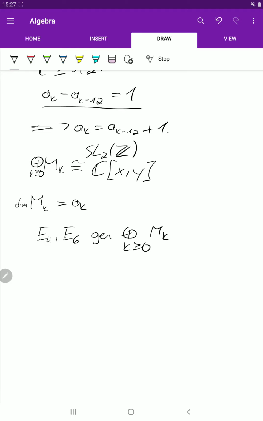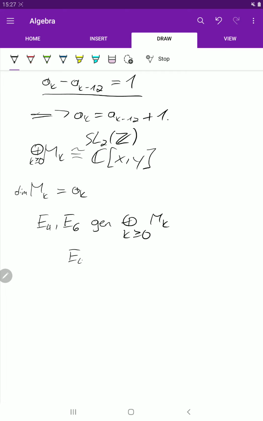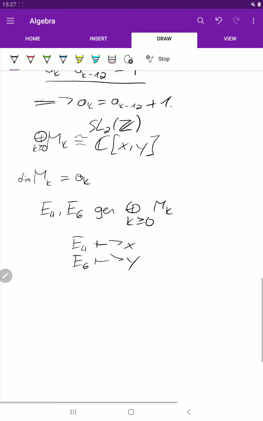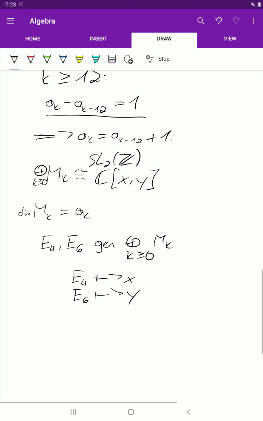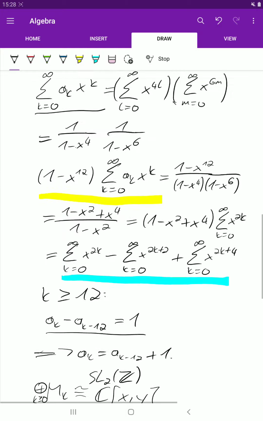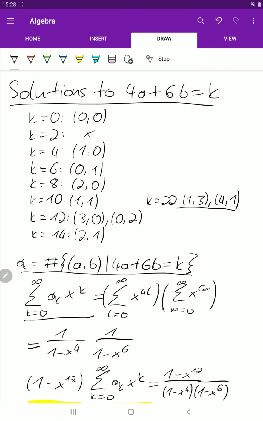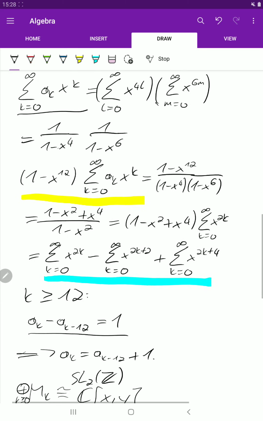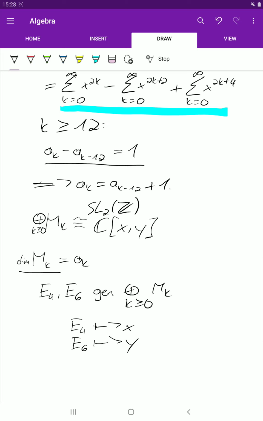Then you map E4 to X and E6 to Y, and so you can show surjectivity. And when you know that, you can show injectivity using the dimension, and that the number of solutions to this equation here are the same as the dimension of these M_k spaces. Okay, but that's just a rough sketch.